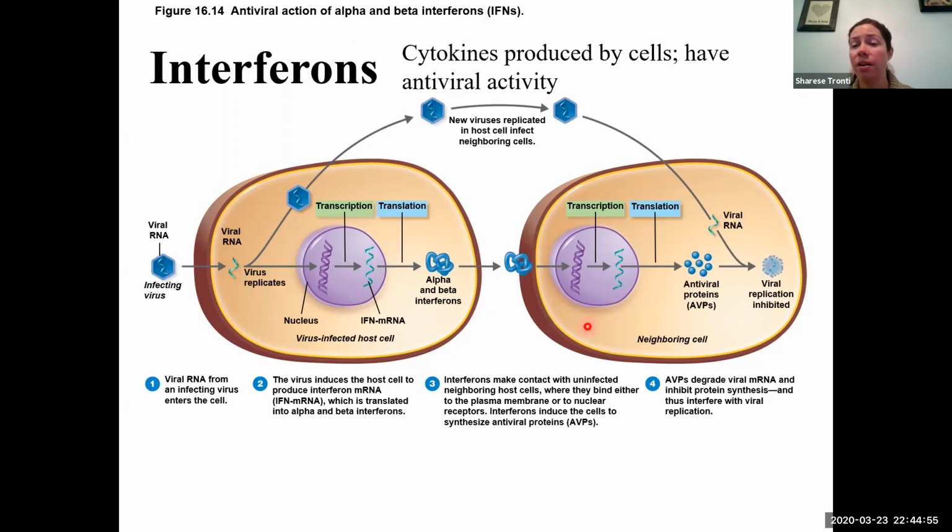These cells are not infected yet. Once they come into contact with interferons, that's going to cause them to produce antiviral proteins. So that once the virus tries to infect this cell, these antiviral proteins will degrade it so that it can't be infected.